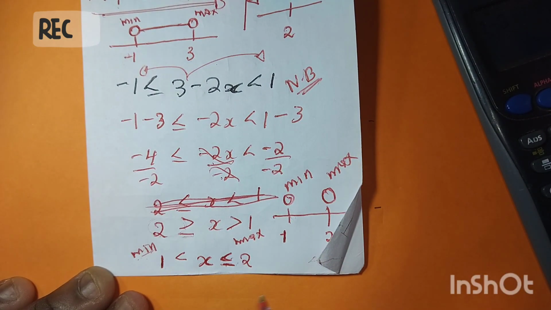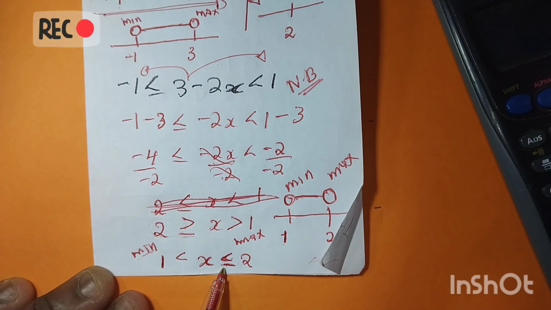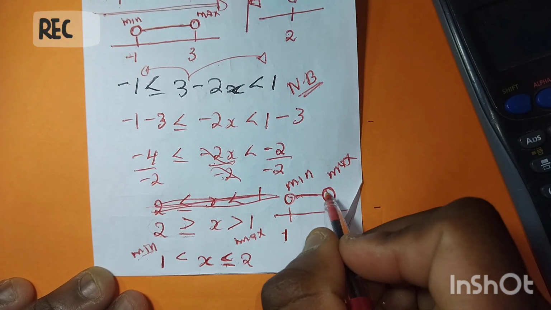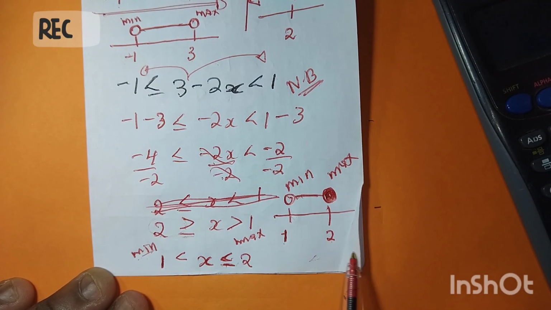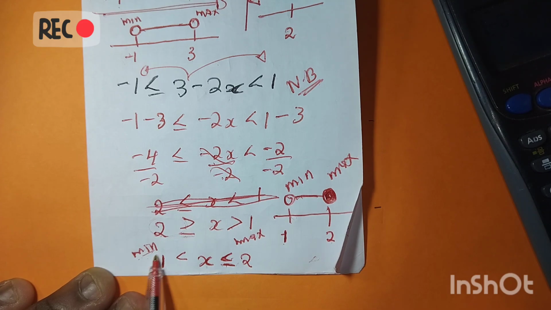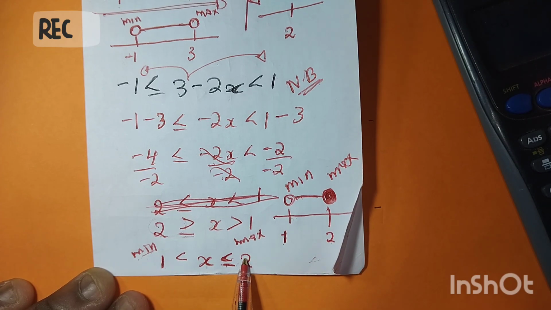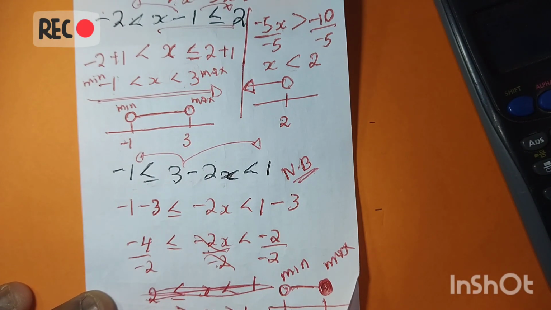Then I can only include the values which are between 1 and 2. But because, guys, here there is equal, it means this will also be included as well. So this simply says that all the values of x which are between 1 and 2, also including 2, will be included in this inequality equation.